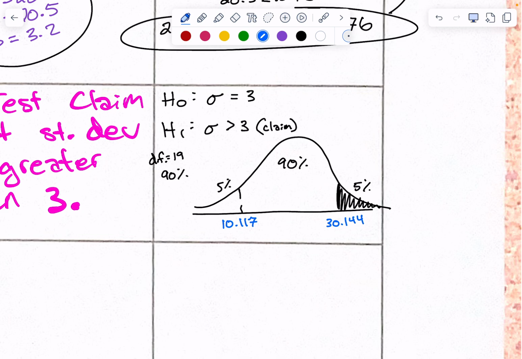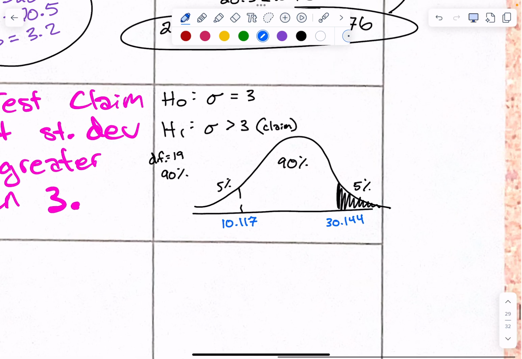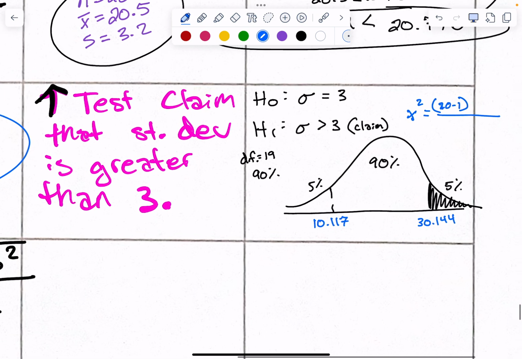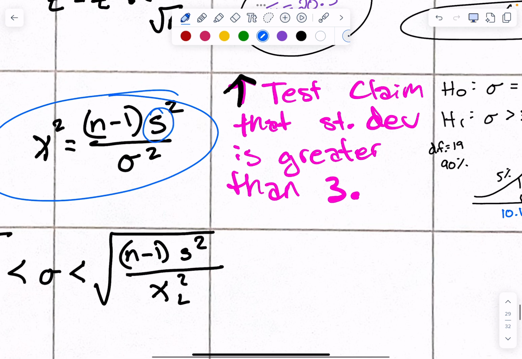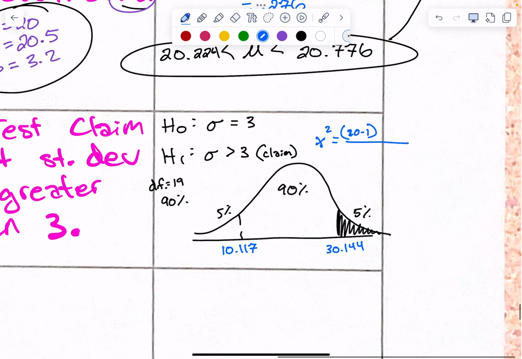We don't really care about the 10.117, but we might as well write it down. Now we've got to use this formula to plug all the junk in. Chi-squared is equal to n minus 1, which is 20 minus 1, 19, times S squared over sigma squared. The bottom one is 3, because that's what sigma is, and the top one is 3.2 squared.